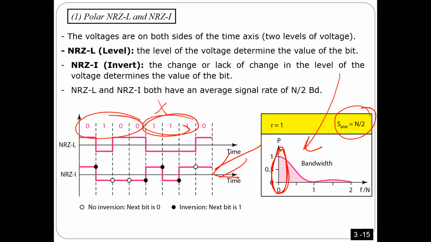Why? Because if one error happens here, it is going to propagate. This one is 1, so there should be an inversion. Imagine this one was wrong; the signal will be completely different. So it is going to make error propagation.